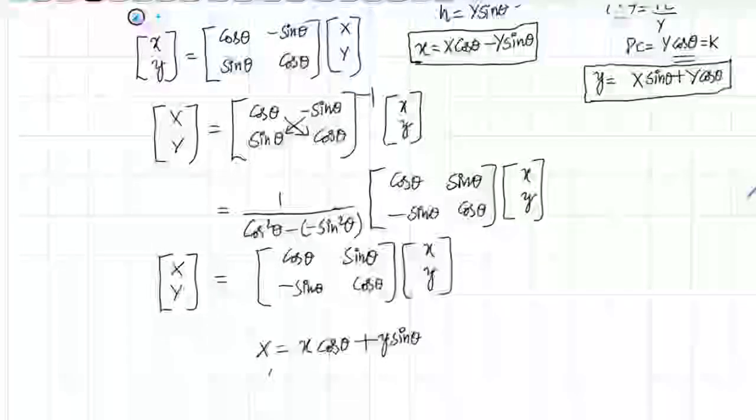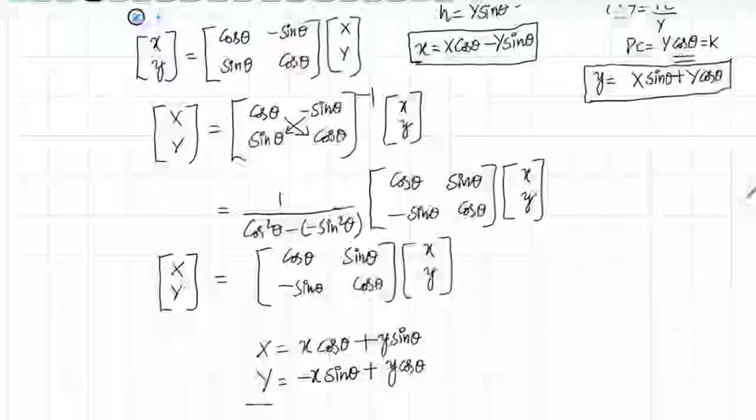Similarly, capital Y is equal to minus x sin theta plus y cos theta. Okay, so in this way you can find the relation between the coordinates in the old system and the new coordinate system when it is rotated by an angle theta. If you know the angle and if you know the coordinates, you can find the other two coordinates.